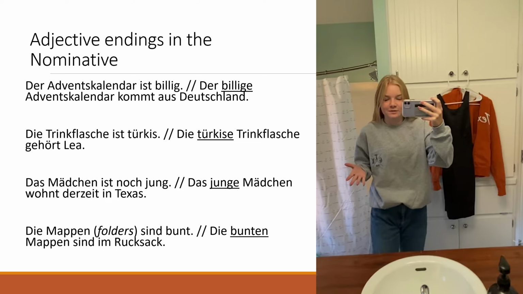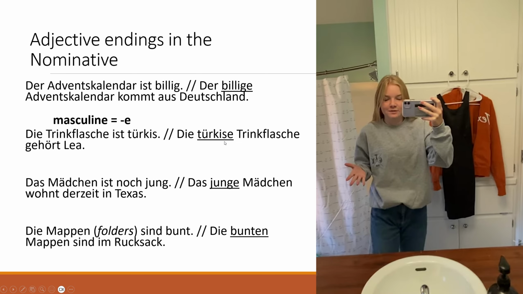And then finally we have our plural. Die Mappen sind bunt. And die bunten Mappen sind im Rucksack. So I'm going to ask you to pause the video, look at the adjectives, and tell me what changes from the sentence where the adjectives are in the predicate to the sentences where the adjectives are attributed. Okay, so pause, take a look. Okay, so this is what it breaks down to.